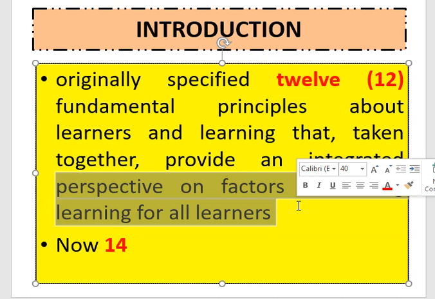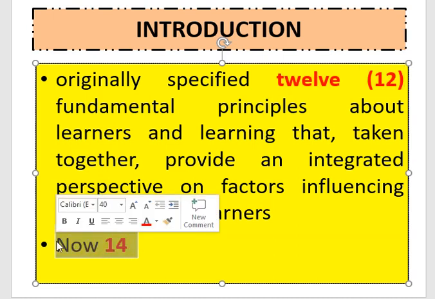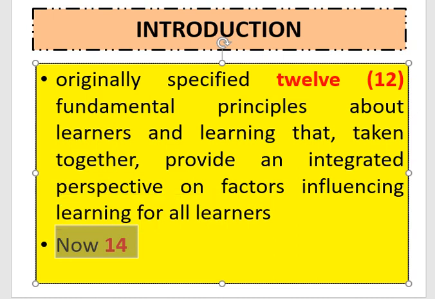Those principles talk about the learners, the learning process, and the teaching and learning process. Initially there were 12, however, in 1997 it became 14. So today, even recently, we have the 14 learner-centered psychological principles.